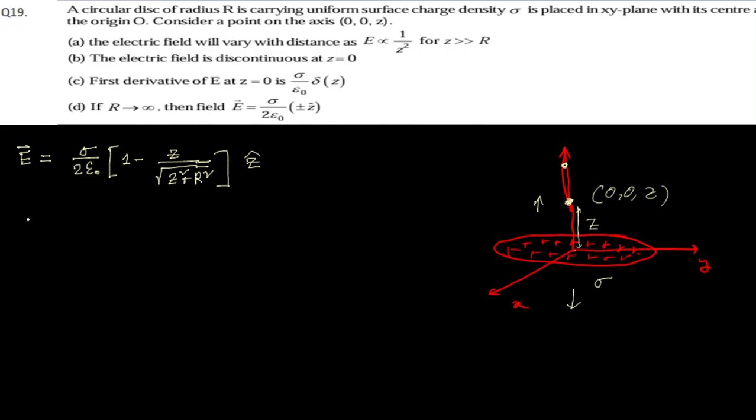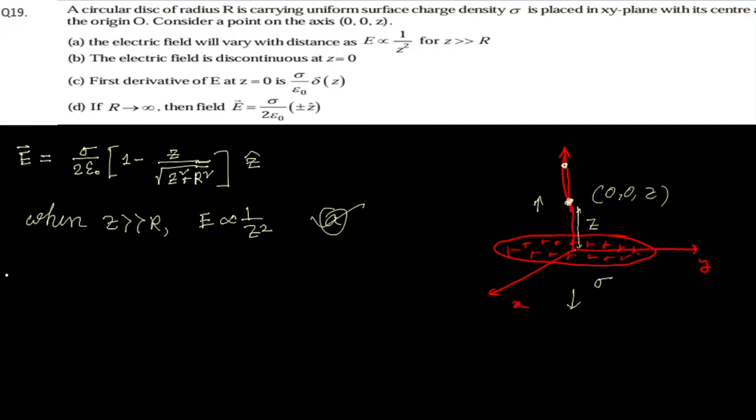So option C is correct. We have already calculated it in the last class that the electric field will vary like a point charge, following 1 by z square. So option C is correct.